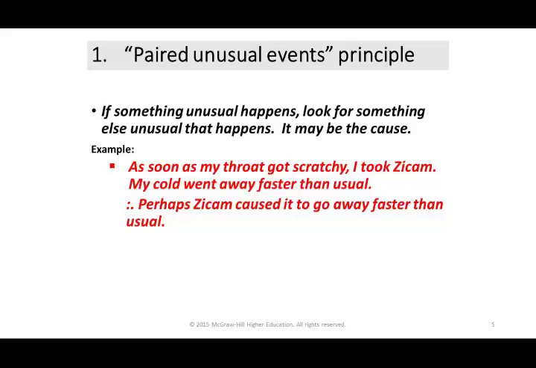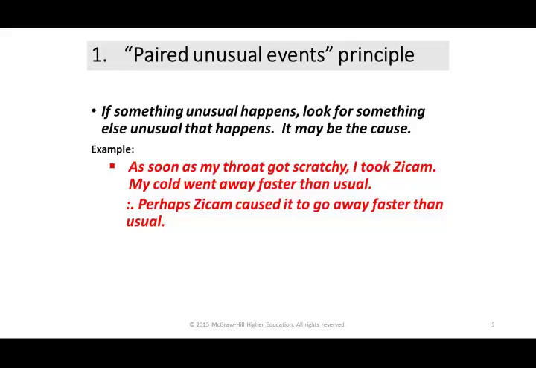Okay? And because one particular thing that's unusual has happened, I look for something else unusual that has also happened. I think we'll have an example in the slide, so let me not try to make one up here.